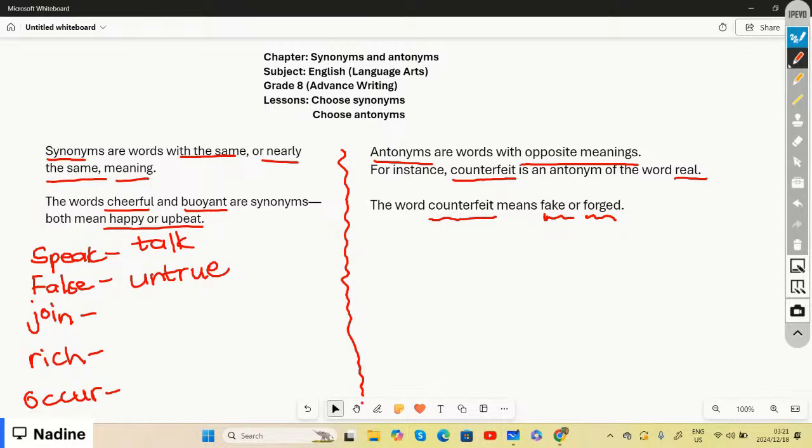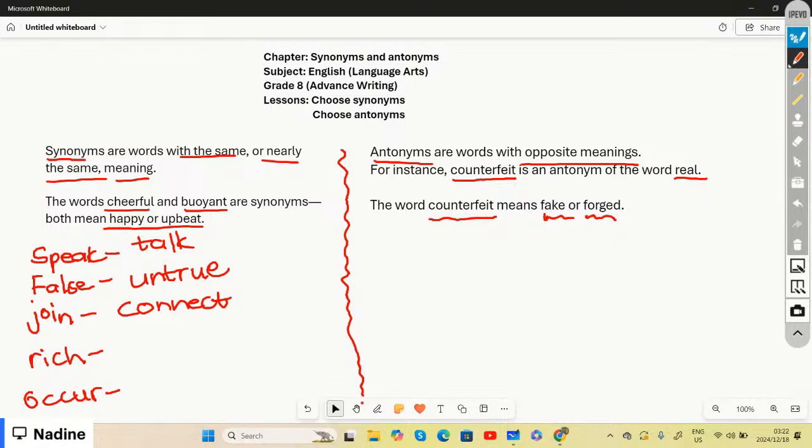Join. If you were to join, what is another word for join? And another word for join is to connect.